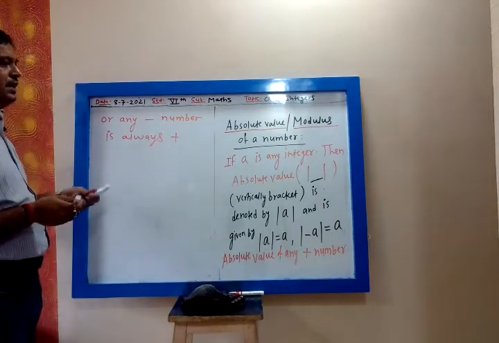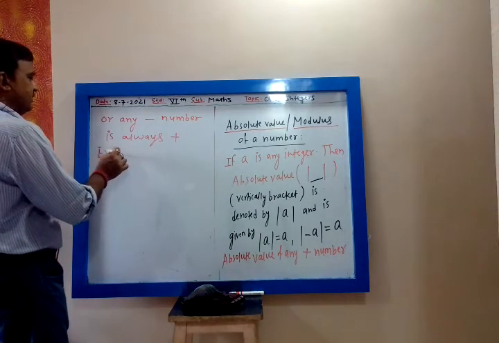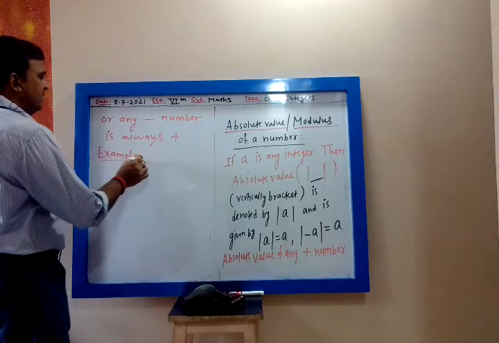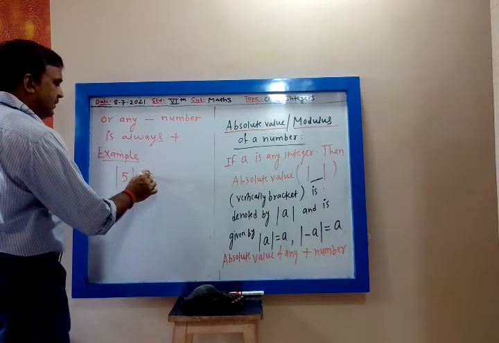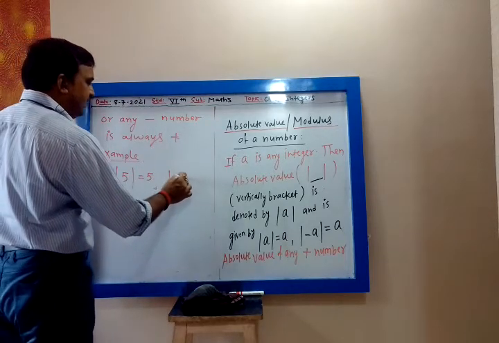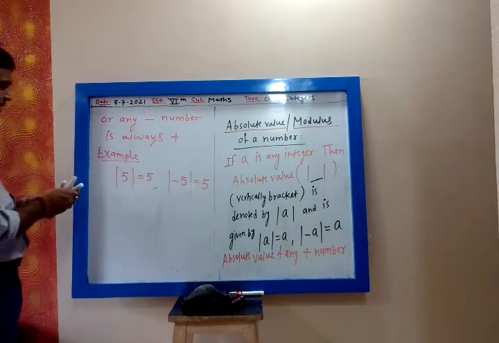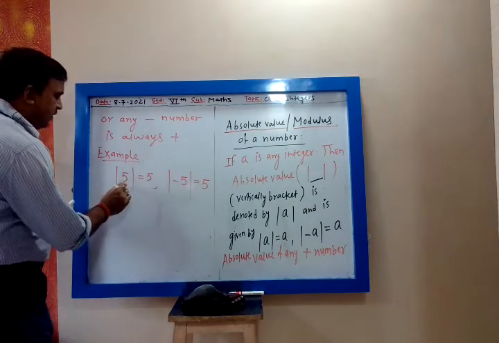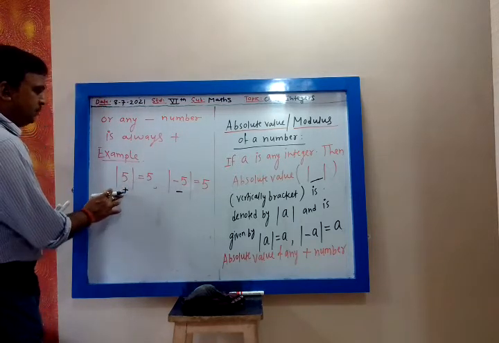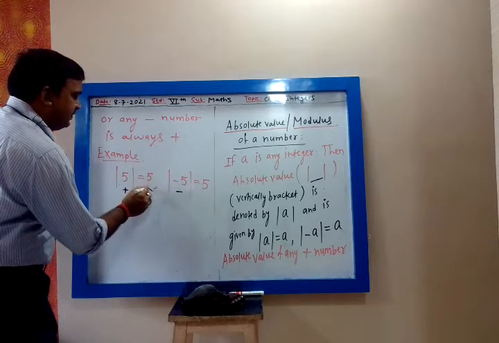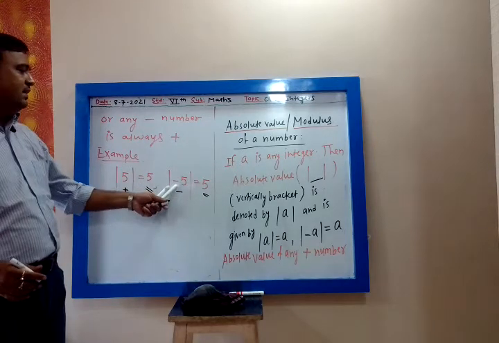So whether the number is negative or positive, its absolute value will always be positive. Let us see the example. The absolute value of 5 will be 5, and the absolute value of minus 5 will again be positive 5. In both cases the value remains 5.